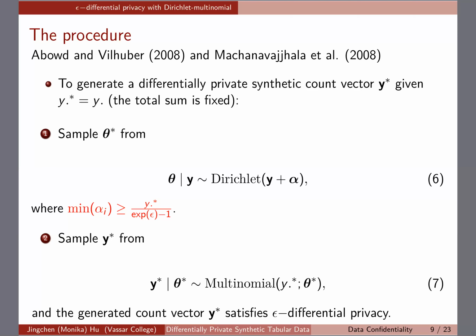But in order to satisfy differential privacy, equation 6, the regular posterior distribution will have to satisfy this requirement about its prior, okay? So one thing I want to highlight, which is easy to get confused in this setting, is that y, okay, is the data.